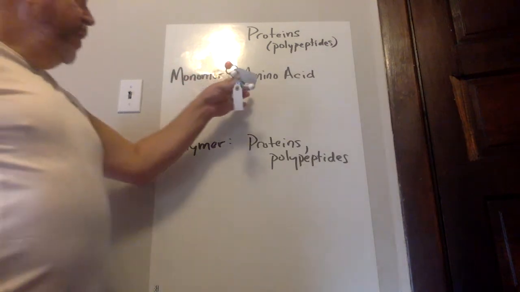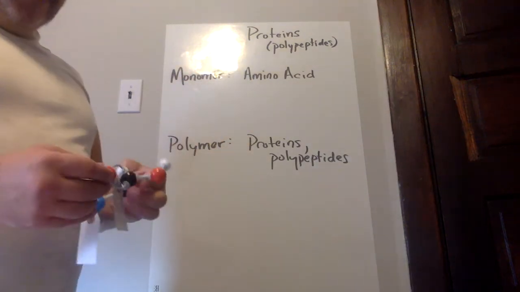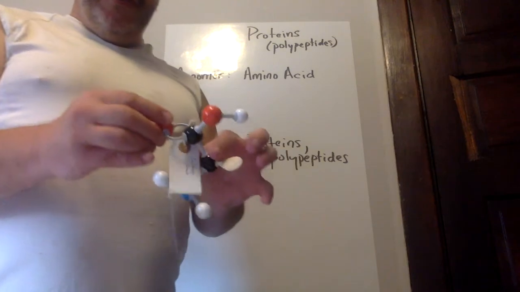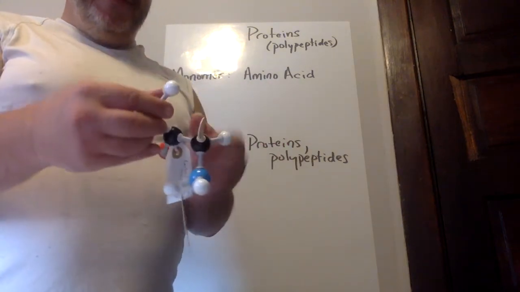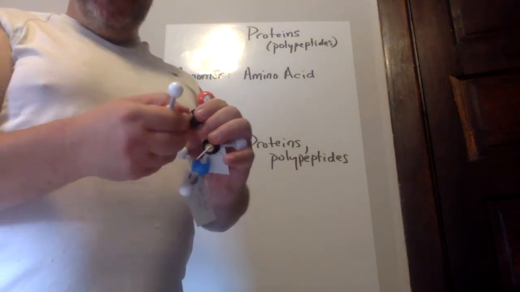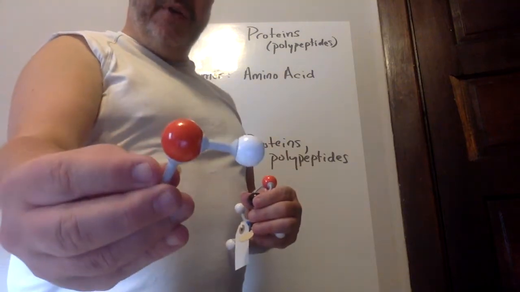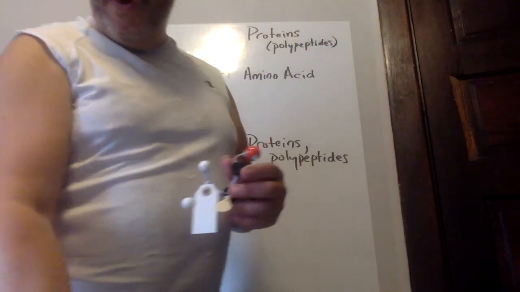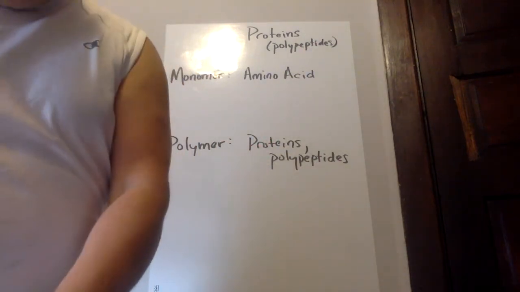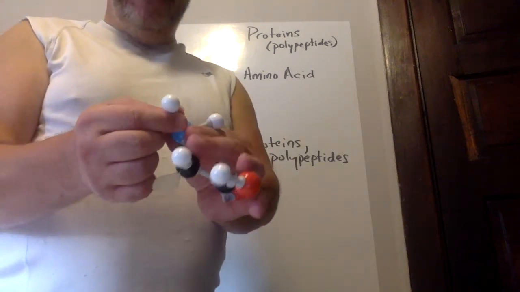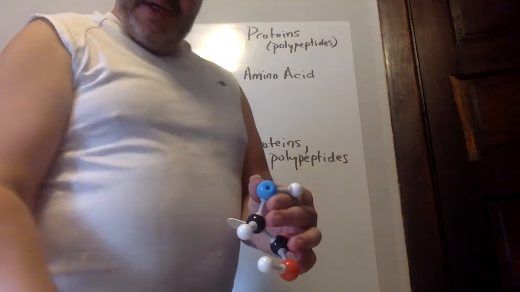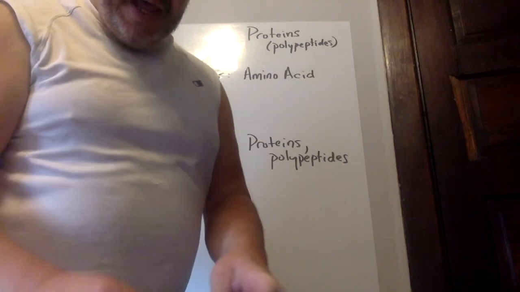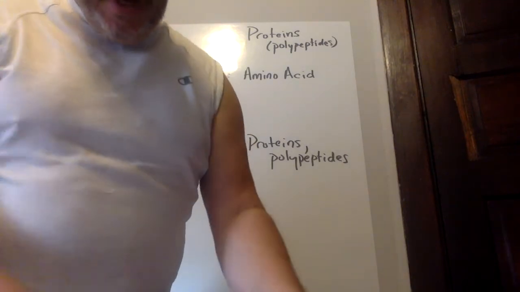So remember, if we're going to build, we're going to do a dehydration synthesis. So here I have one amino acid. In dehydration synthesis, we take the hydroxyl group, a hydrogen and an oxygen, off of one amino acid, and we take a hydrogen off of the amino group, and now they can form a bond.